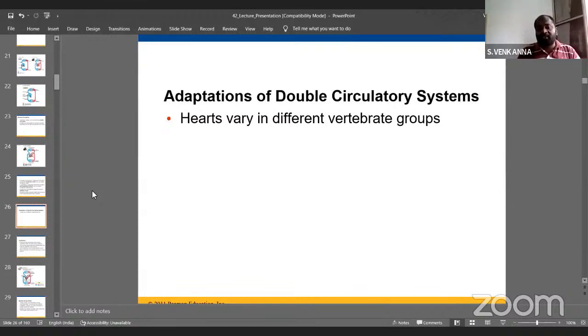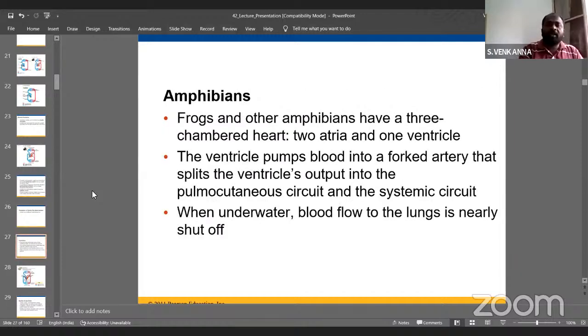The hearts vary in different vertebrate groups, such as human, cow, and sheep, for example. So these are amphibians, mainly frogs. Frogs have a three-chambered heart structure.